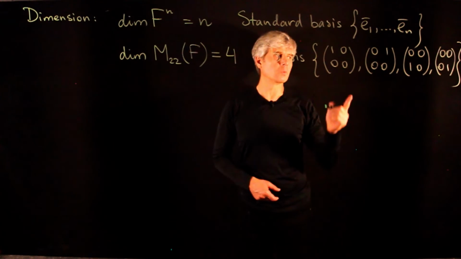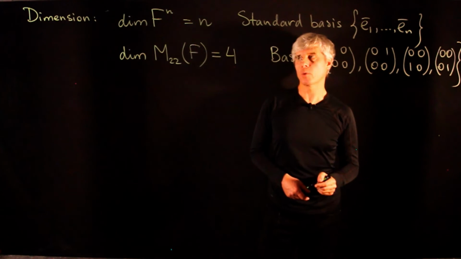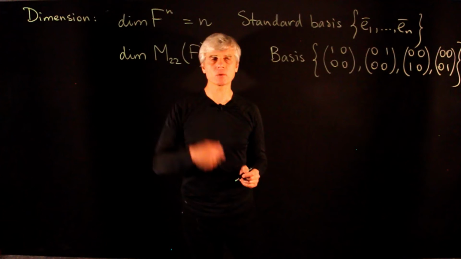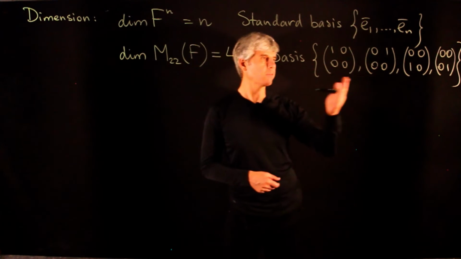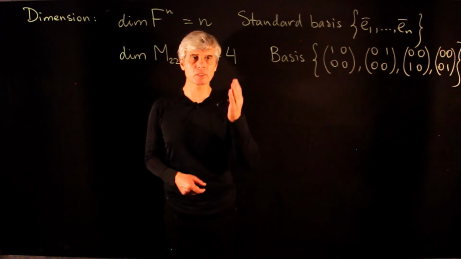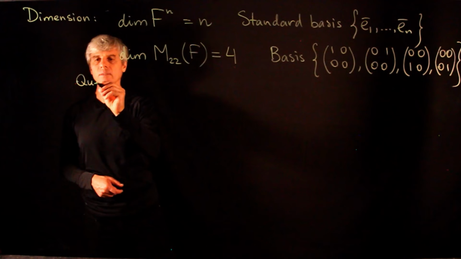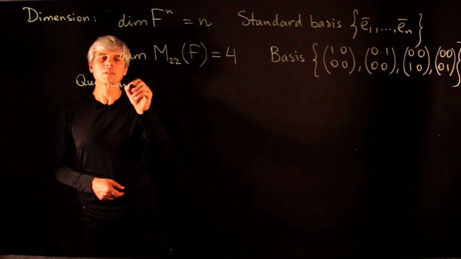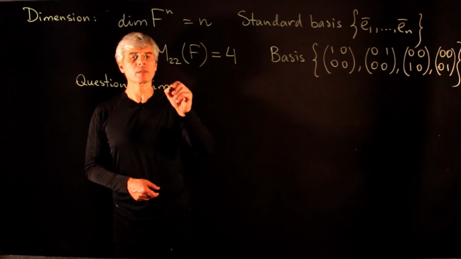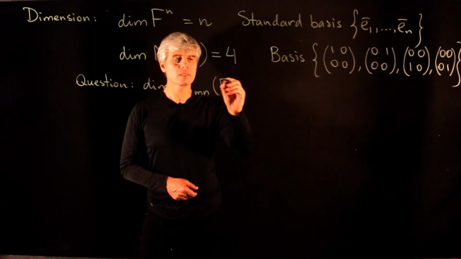So we showed that these four matrices form a basis of the space of 2 by 2 matrices, and there are 4 matrices in this basis. So this means that the space has dimension 4. And maybe a question: what's the dimension of the space of m by n matrices?